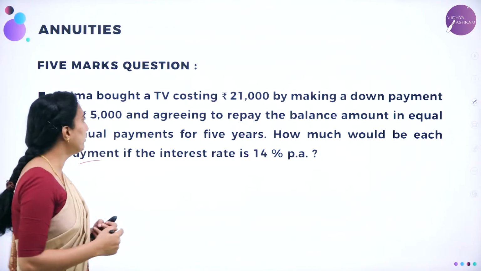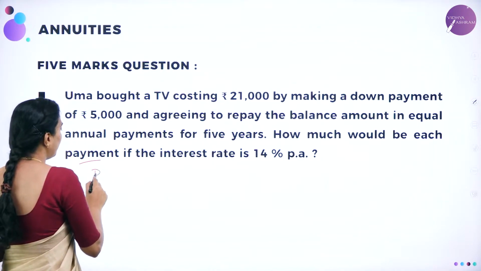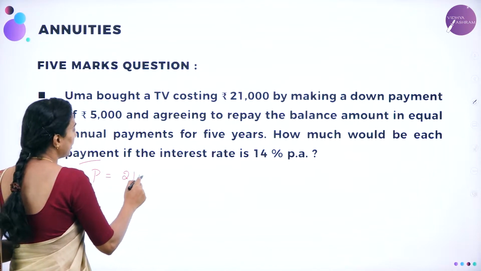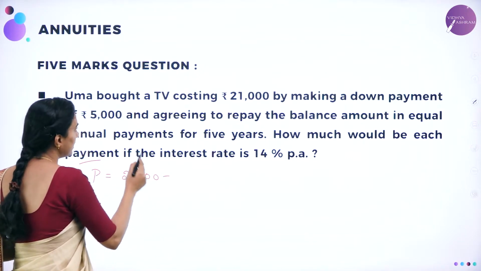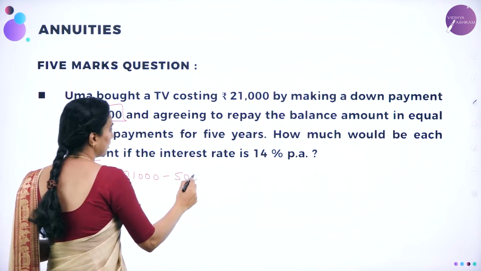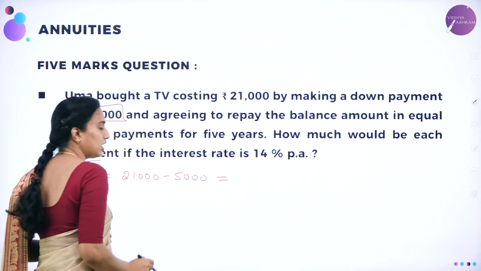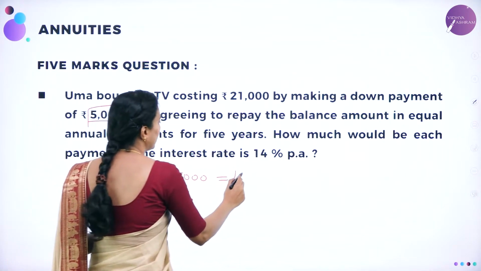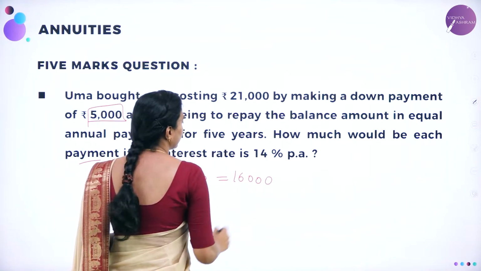Now here, what will be the present value? Present value will be equal to 21,000 minus, she is going to already pay a down payment of 5,000. So which will be equal to, you are going to get 16,000, right?